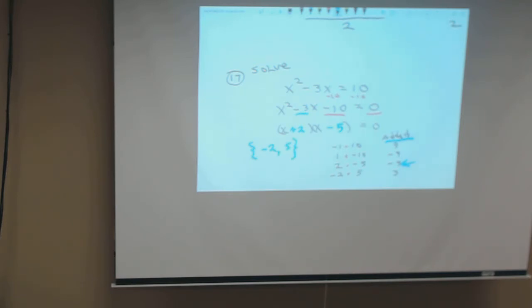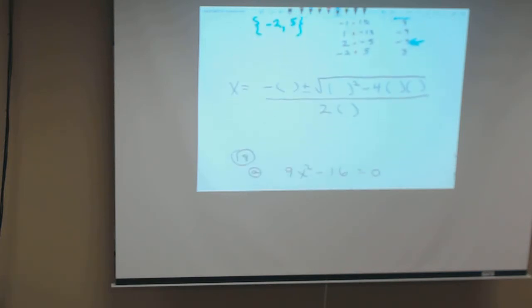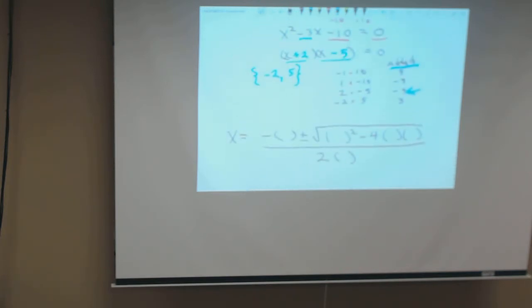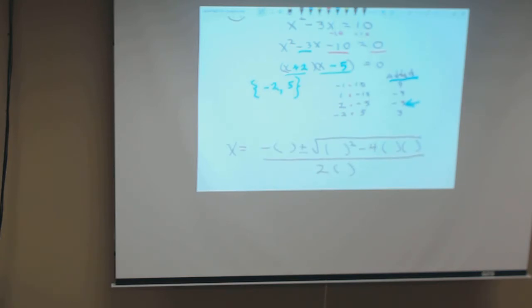Does everyone see how I'm just saying what zeros this out? 5. What zeros this out? -2. If you want to use the quadratic formula, then what would that be? A is 1, B is -3, and C is -10. And I come down here and put minus a -3, minus a -3 squared minus 4 times 1 times -10, over 2 times 1.